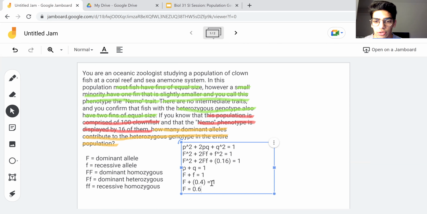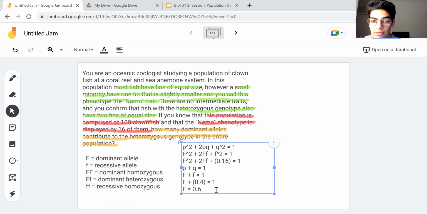Okay, so now what do we do? Once again, we want to solve for this term here, and the only way we can really do that is if we figure out this whole piece, which is the heterozygous genotype.